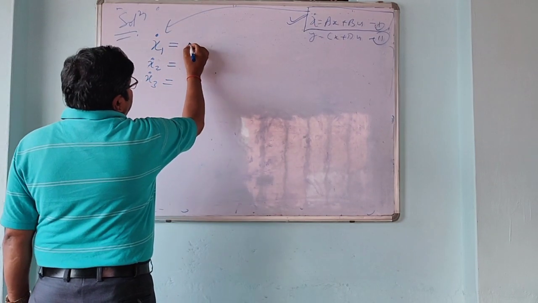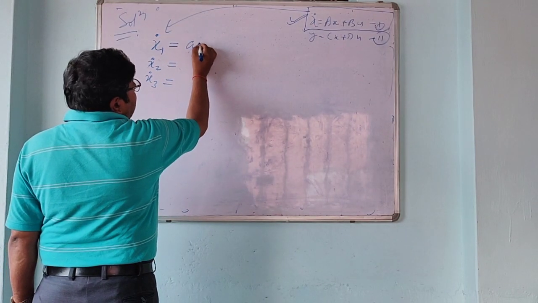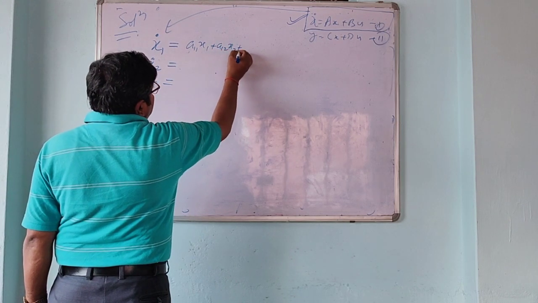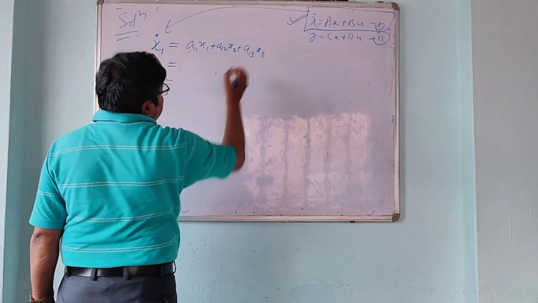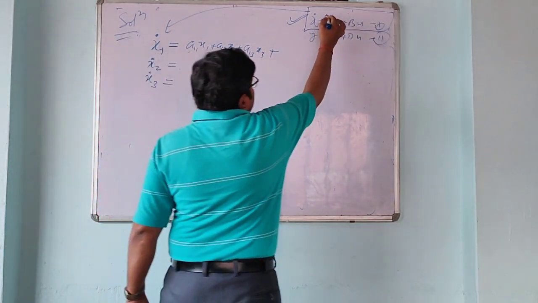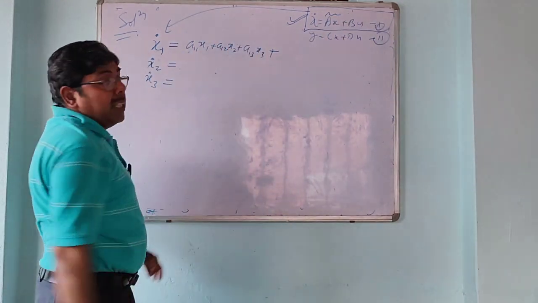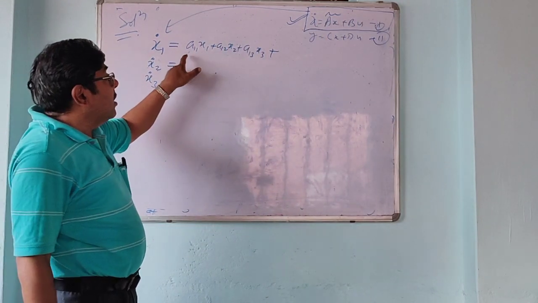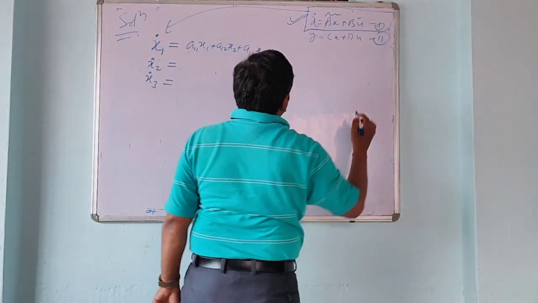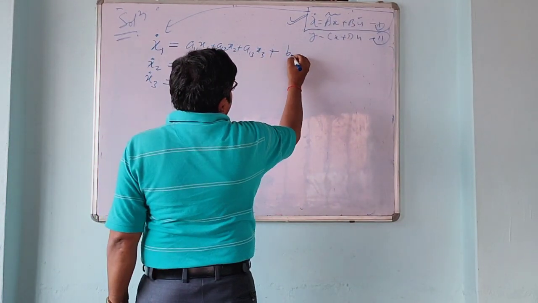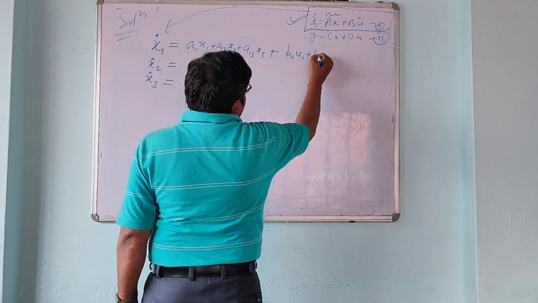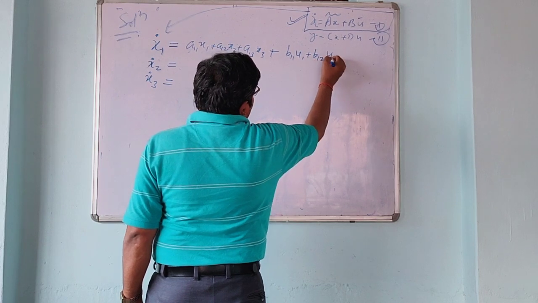So we can write it like this: a11 x1, a12 x2 plus a13 x3. So this is the first part, Ax, since we have three states x1, x2, x3. This is the combination of three states plus the two inputs, which we involve like this: b11 u1 plus b12 u2.